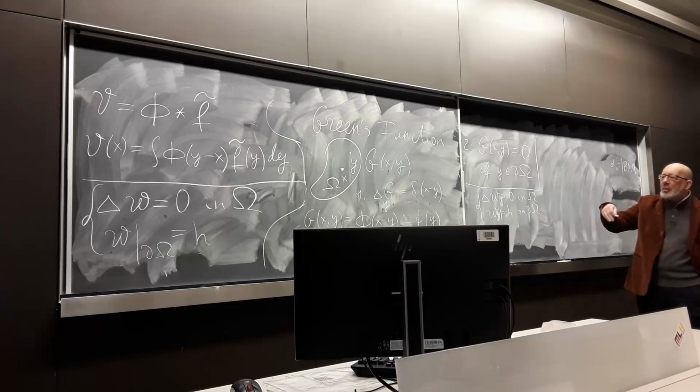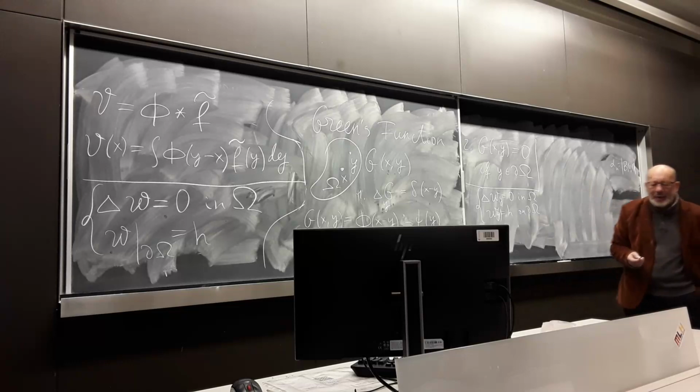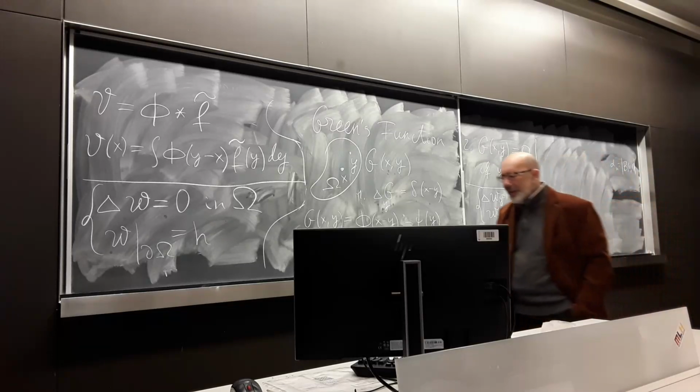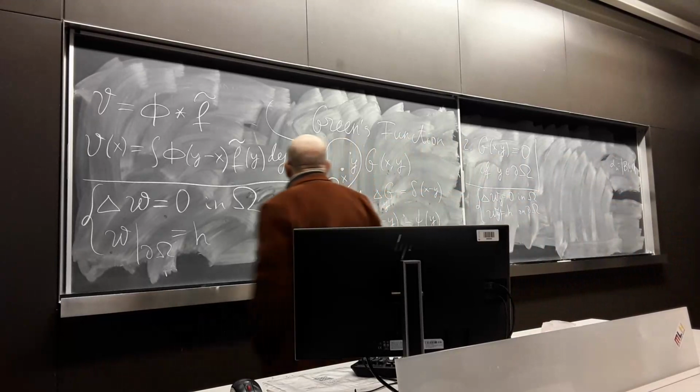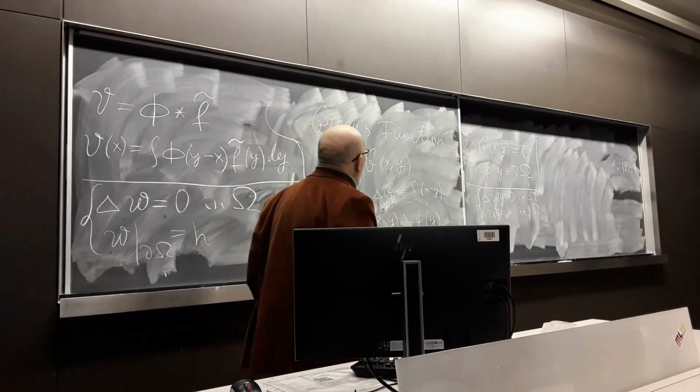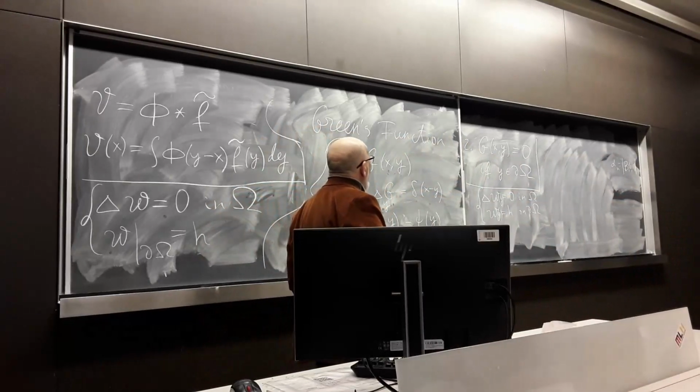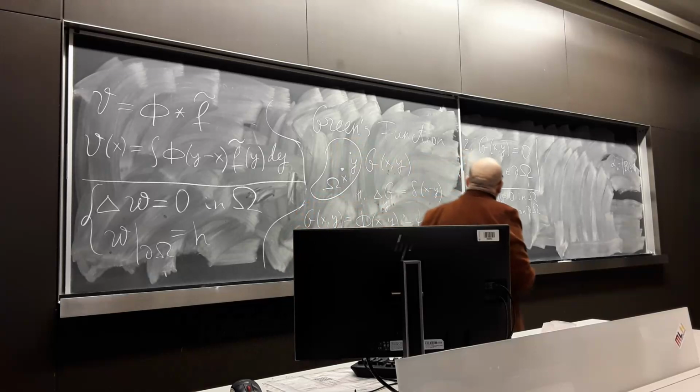I wanted to transfer to the other beast, which is called the Poisson kernel or Poisson function, which is even more important than the Green's function.